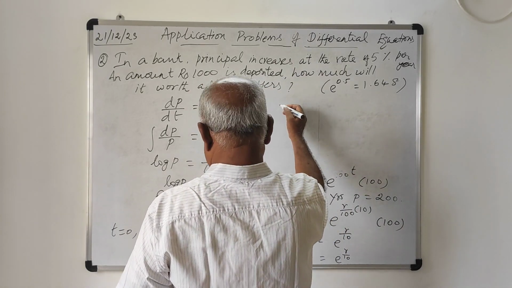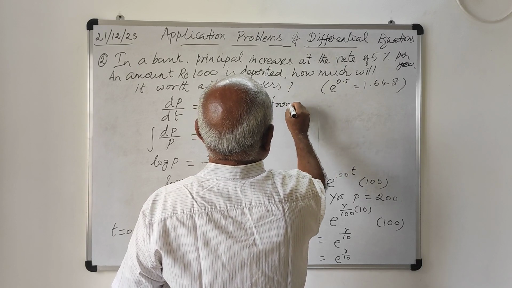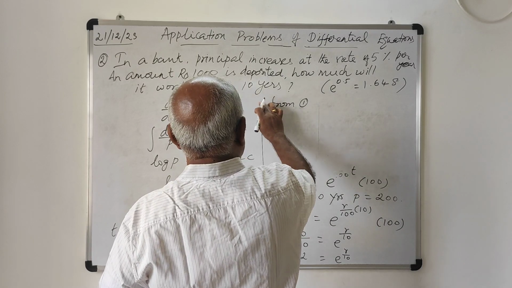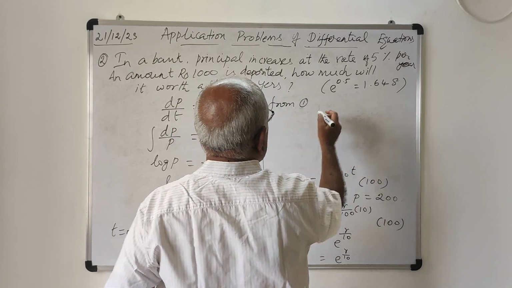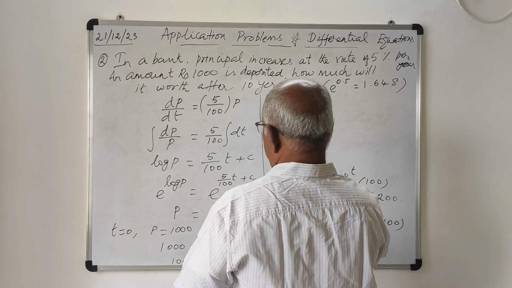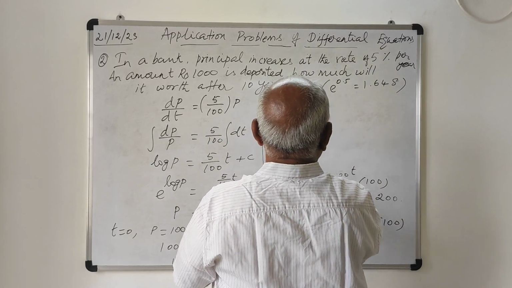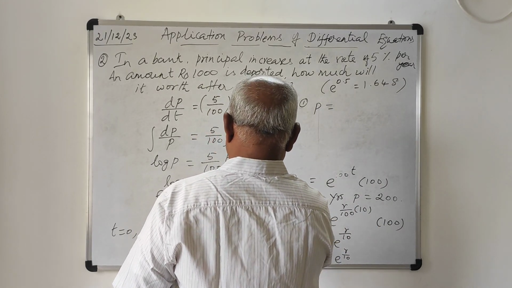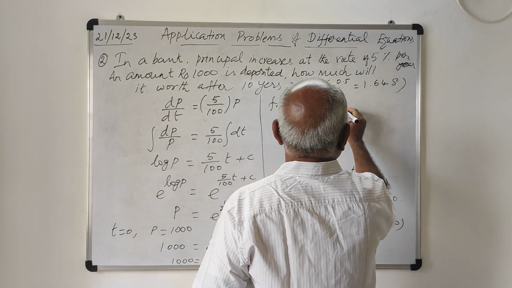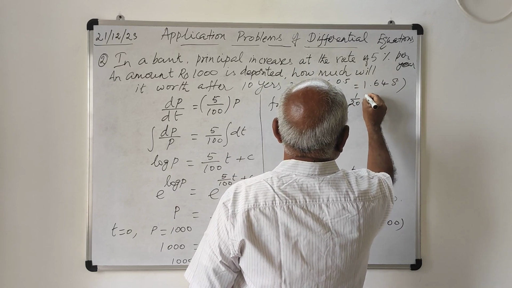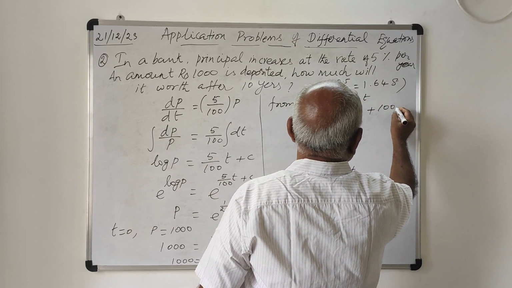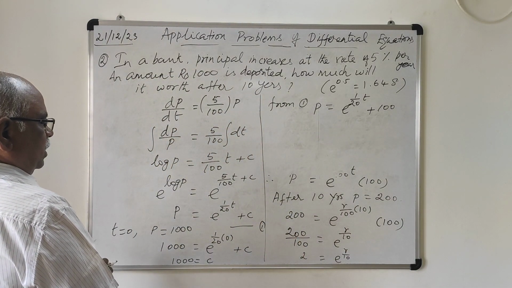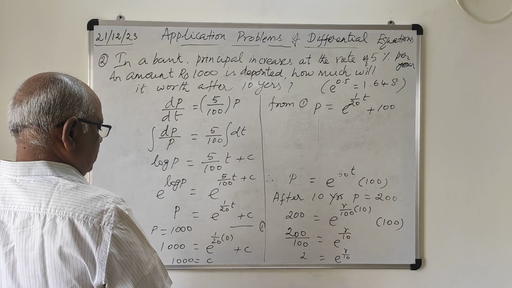So from 1, P equal to e power 1 by 20 into t plus c, which is e power 1 by 20 t into e power c, is it not?